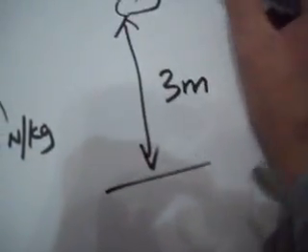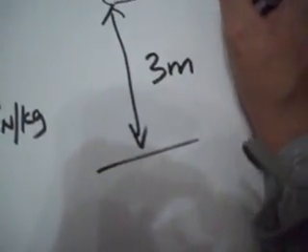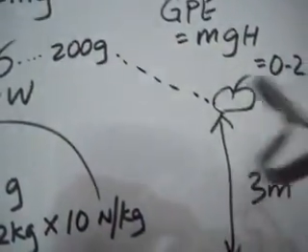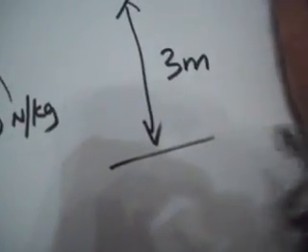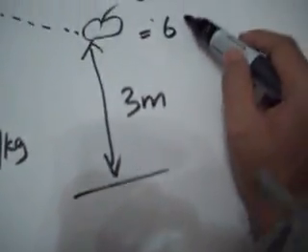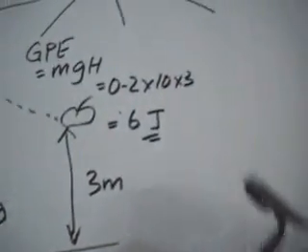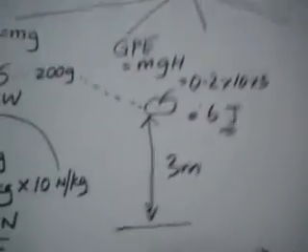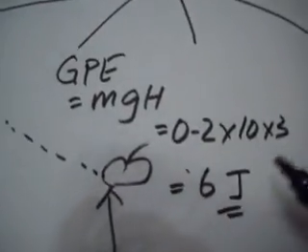We say that is mgh, which is 0.2 kilogram, suppose it's the same apple, times g, which is 10, times 3 meter, and that will be 6 joules. Okay, 6 joules.